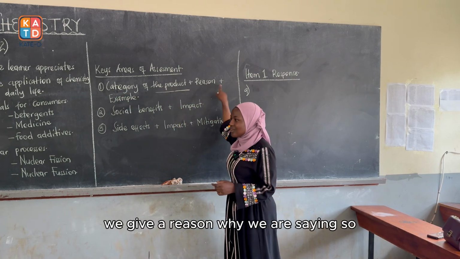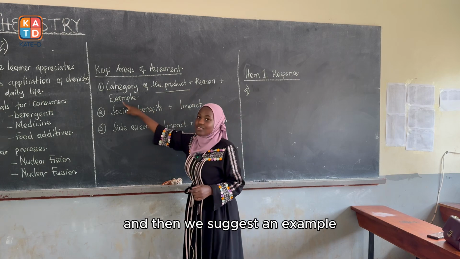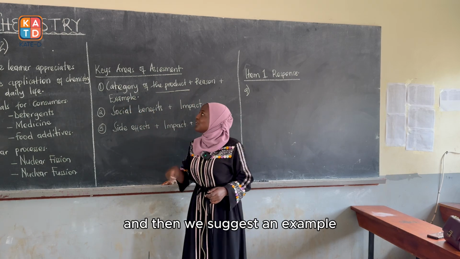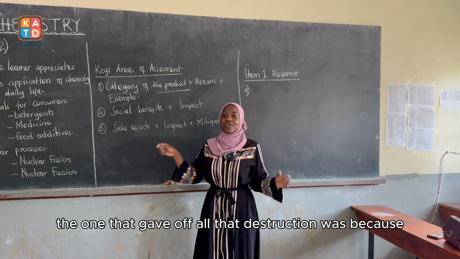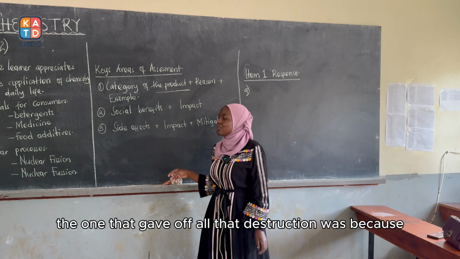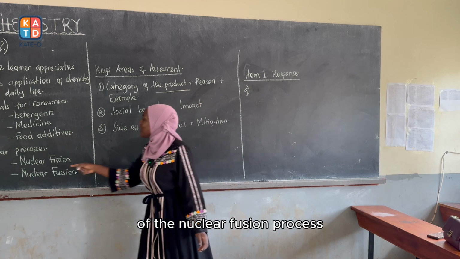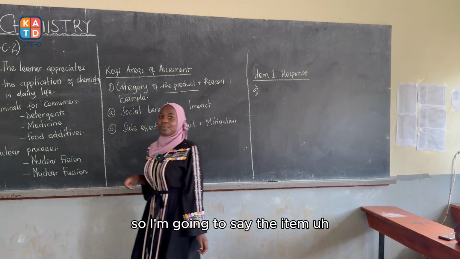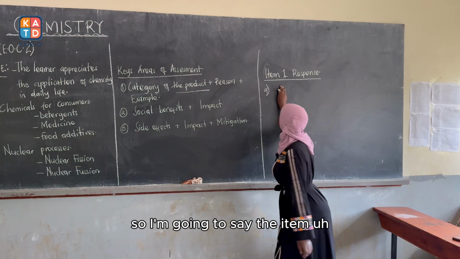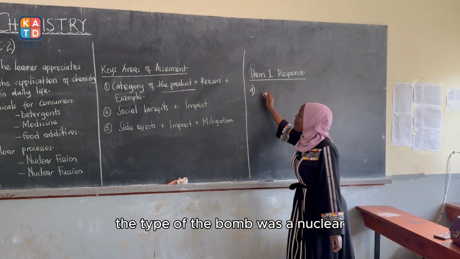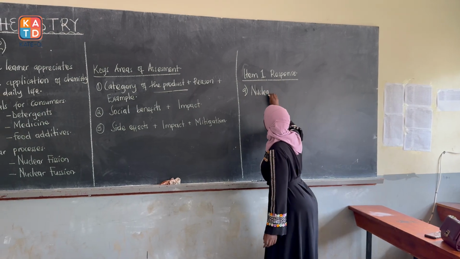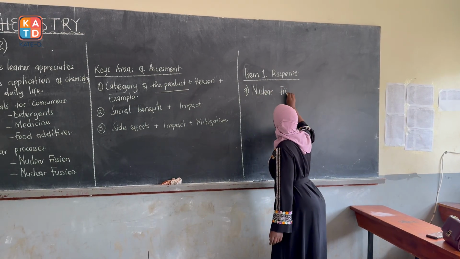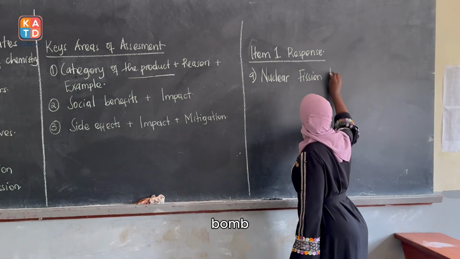We give a reason why we are saying so, and then we suggest an example. So what is the category of the bomb that was used? When you look at it, the one that gave off all that destruction was because of the nuclear fusion process. So I'm going to say the type of the bomb was a nuclear fusion bomb.